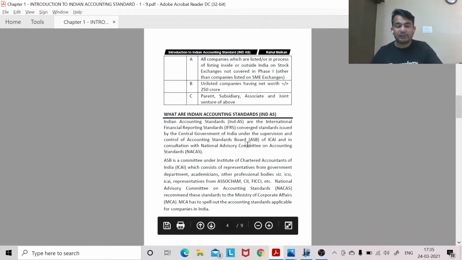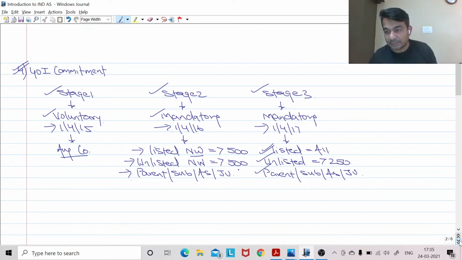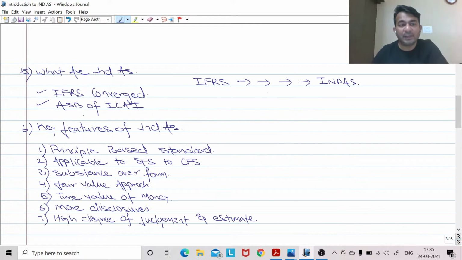So, guys, this is where we go on. What are IND AS? IND AS are IFRS converged standards. What do you mean by IFRS converged standard? So, this was IFRS. This is the text of IFRS. We removed certain text. So, basically, this is referred to as carve out.